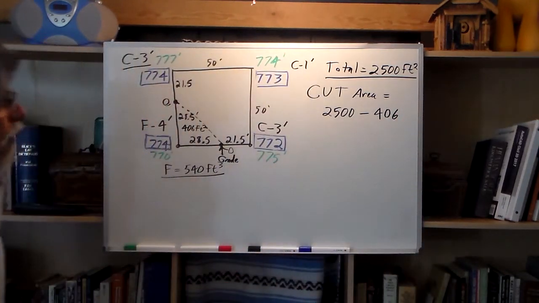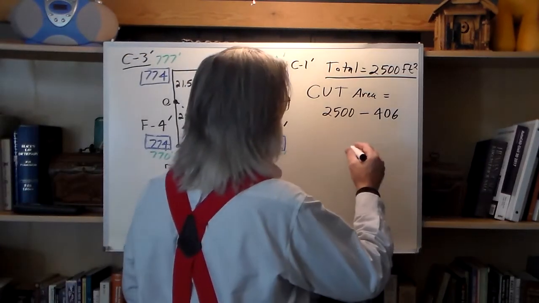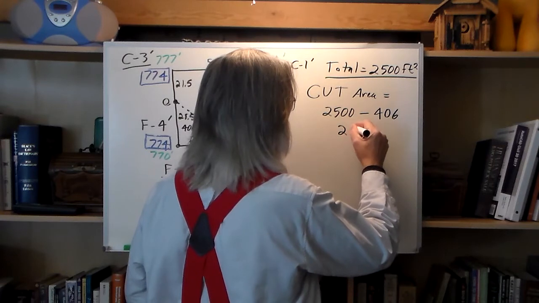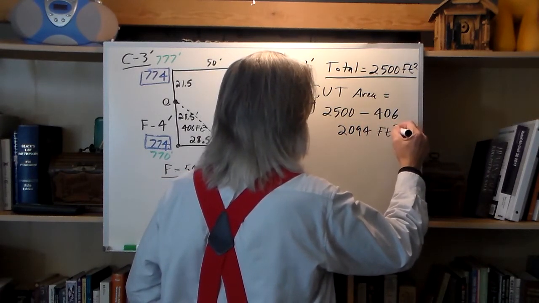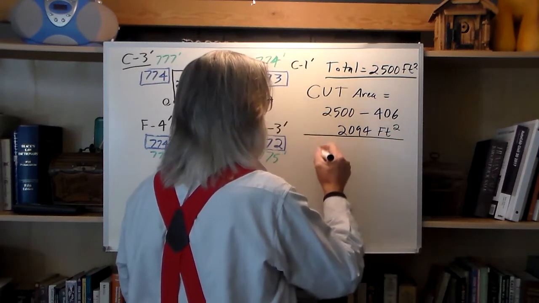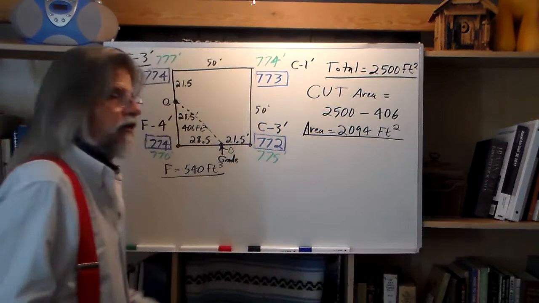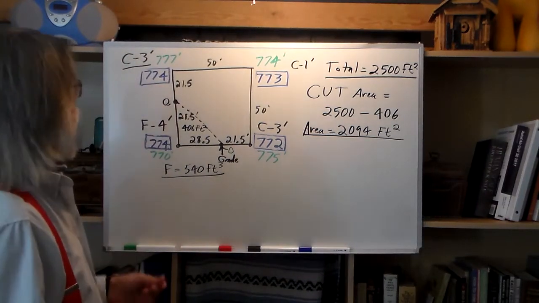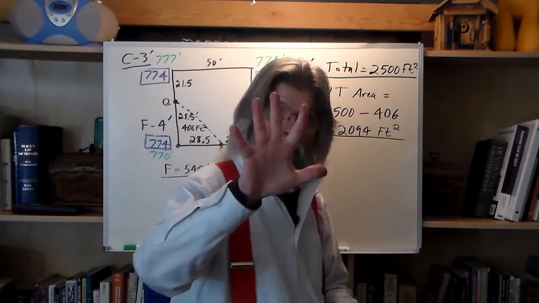So our cut area is 2,500 minus 406, which is 2,094 square feet. Now we got to figure our average depth, but this time we got 5 points, right?